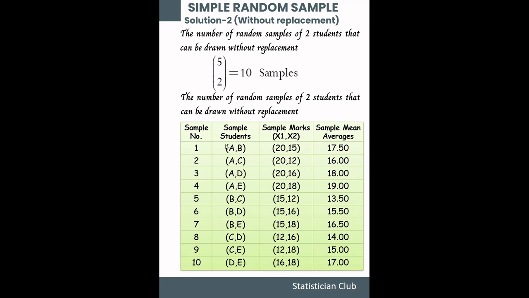In simple random sampling without replacement, we take the first element and repeat it with all the remaining elements: A, B; A, C; A, D; A, E. Then leave the first element A and start from B, and the remaining elements are C, D, E. We make combinations of B with C, B with D, B with E, and now leave B and start with C: C, D; C, E. Then leave C and the next element is D: D, E, and we have no remaining elements.